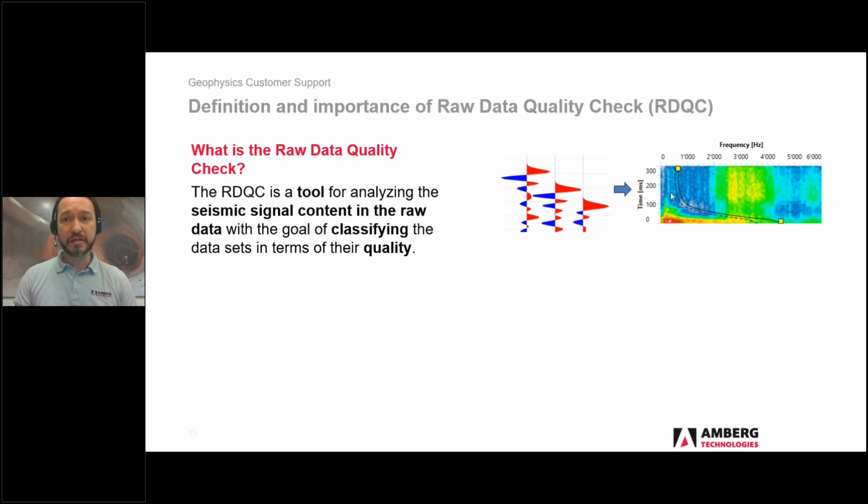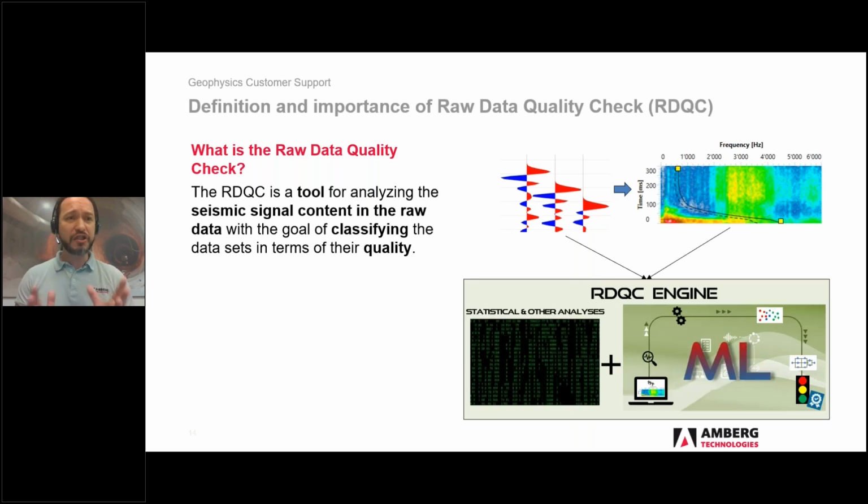We will calculate some spectrograms from your data, and then push them into an engine we call the RDQC engine, where we have some statistical and other analyses. For the very first time in the software Amberg TSP Plus or Ease, we have included some machine learning techniques. We are now exploring the information in your data to make this kind of classification.